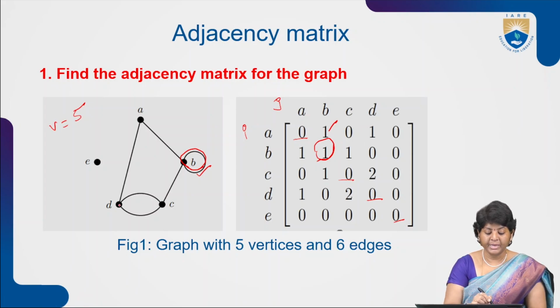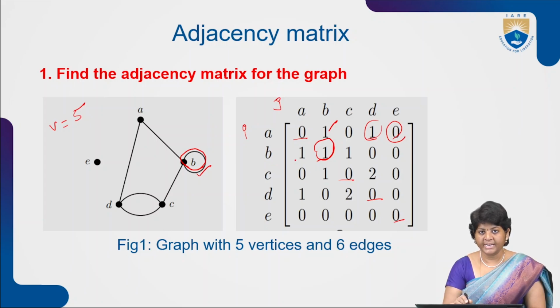Next, from A to D, a connection is there, so we mark it as 1. From A to E, there is no connecting line, so it is marked as 0. Similarly for B, wherever edge connections are established, we mark 1, and when there is no connection, we mark 0.